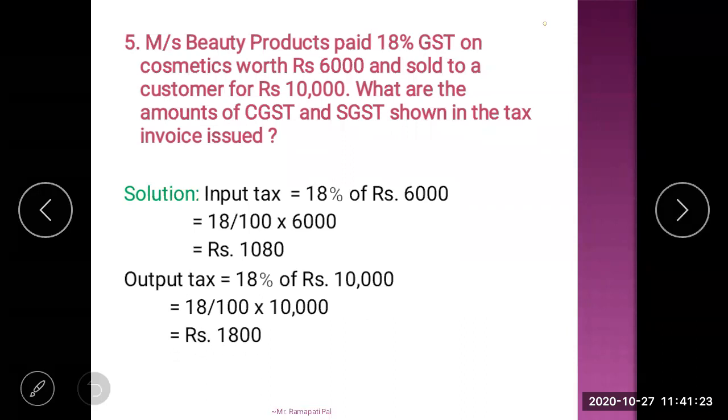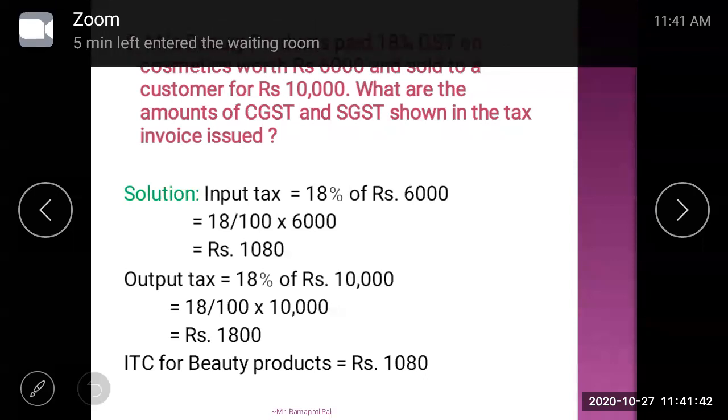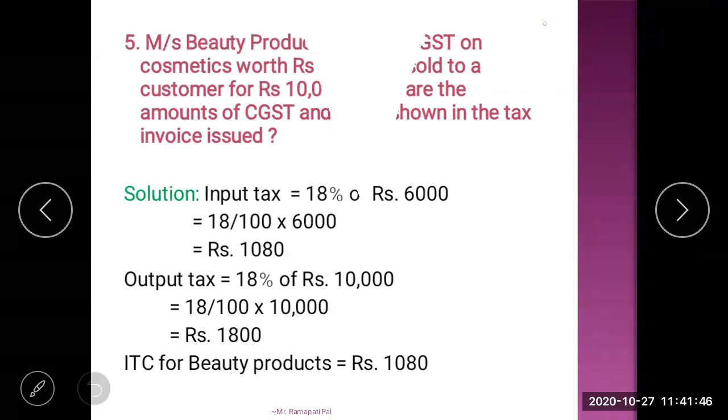So GST is equal to, first of all, we write what is the ITC for beauty product. That is input tax, 1,080. Correct? And then we will subtract. GST is equal to output tax minus ITC.